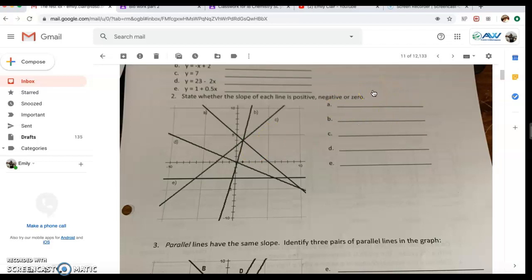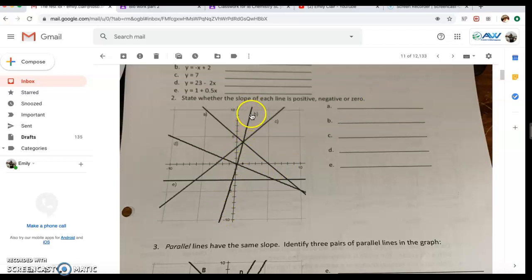If I look at line B, that line is increasing from left to right, so the slope is positive. And of the 5 lines given on this graph, the only one that has a slope of 0 is the perfectly horizontal one right here. So E is the only one where the slope is 0. You could write 0 on that line.